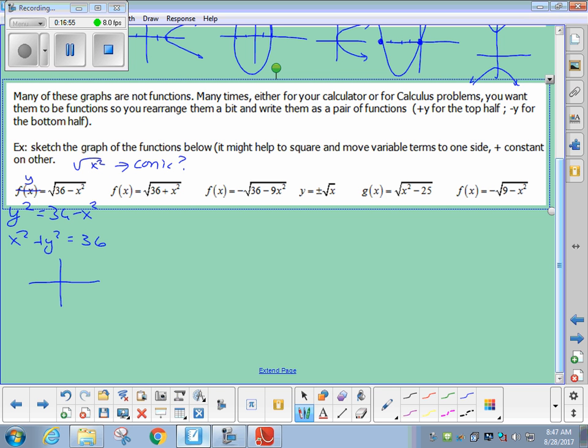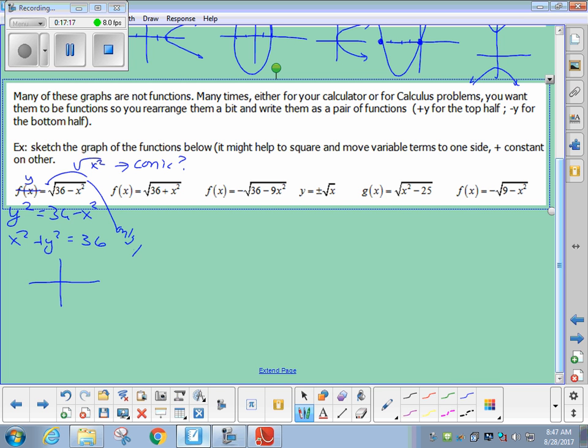Circle, but how about the function part of this? It's just half, okay? If you went backwards, when you square rooted, wouldn't y be plus or minus that square root? But they're only giving you the plus side, so only positive y's here.